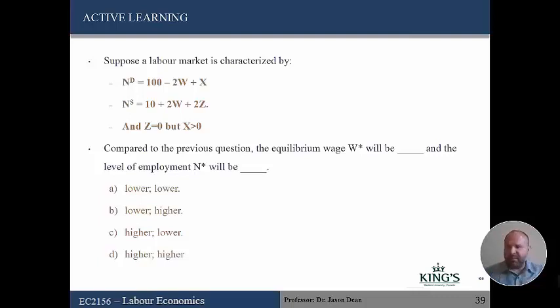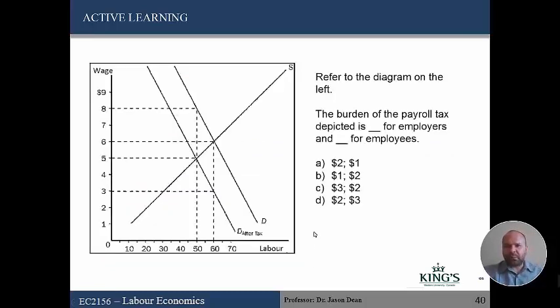Well, both will be higher, okay? So the answer is D. Just think in your mind of a labor demand curve shifting to the right on an upward sloping supply curve. We would end up with a higher wage and a higher level of employment.